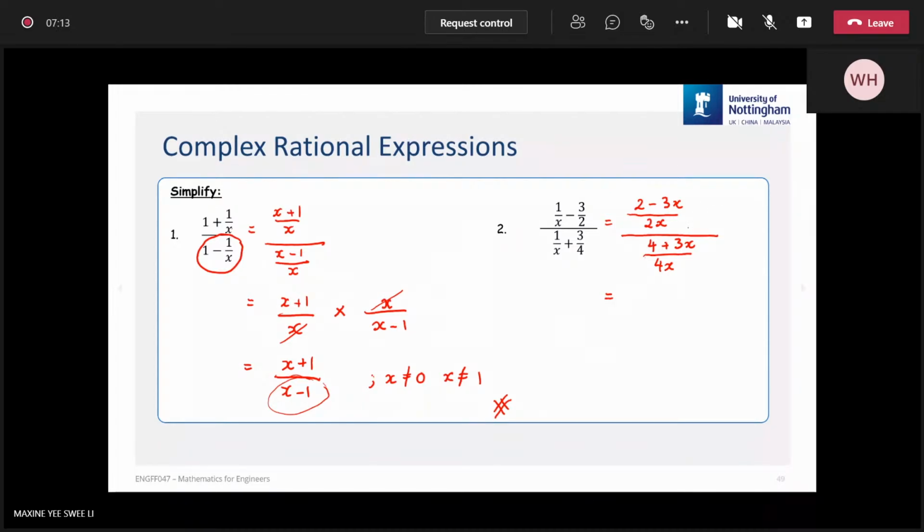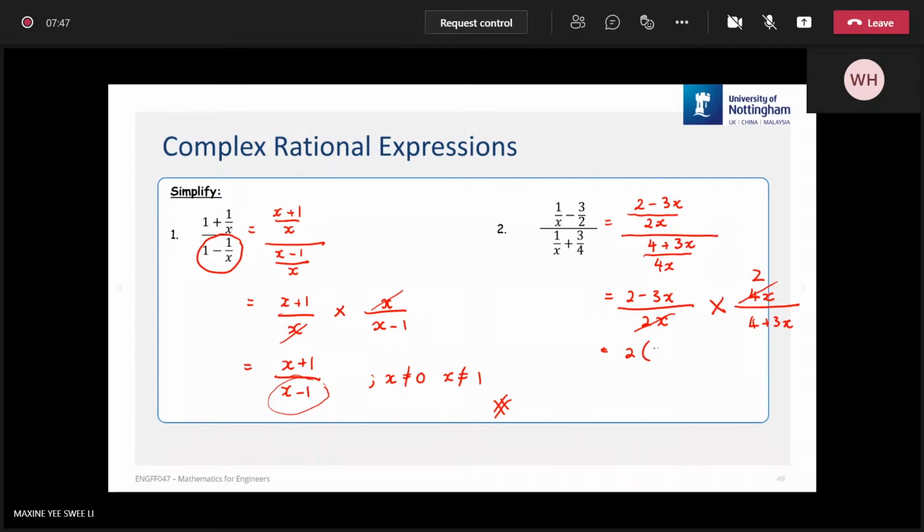So now we rewrite this into 2 minus 3x divided by 2x. Now multiply the reciprocal of this denominator, so 4x over 4 plus 3x. In the next step, you can cancel off any common terms. So here we can cancel off, you get 2.